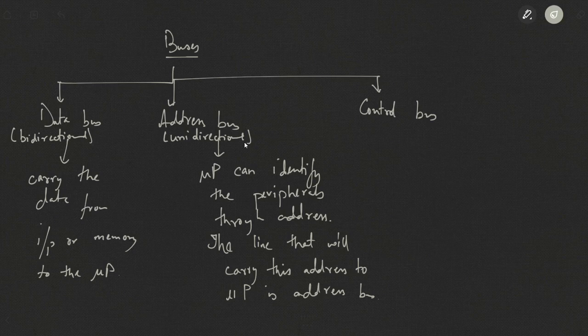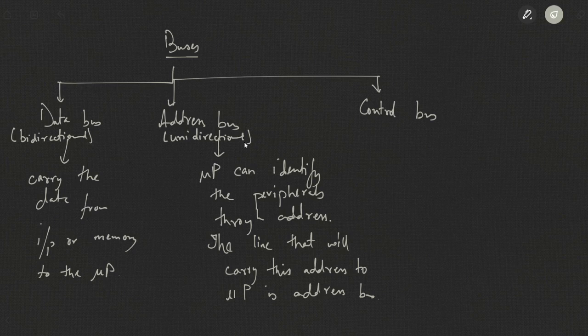As far as the address bus goes, it is a unidirectional bus because the microprocessor only needs to know the address of the device from which it has to read or to which it has to write. This will come from the peripheral only. The microprocessor need not send any address to any peripheral. Fine.